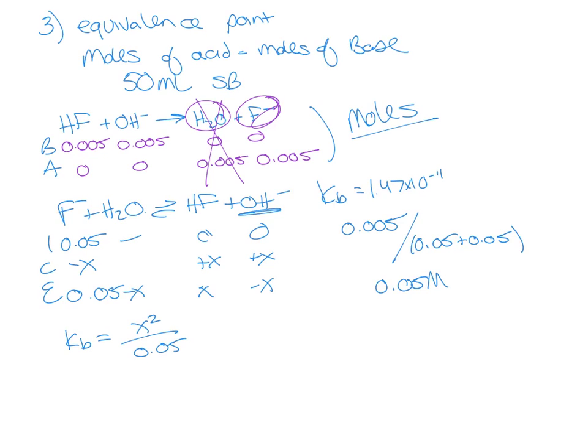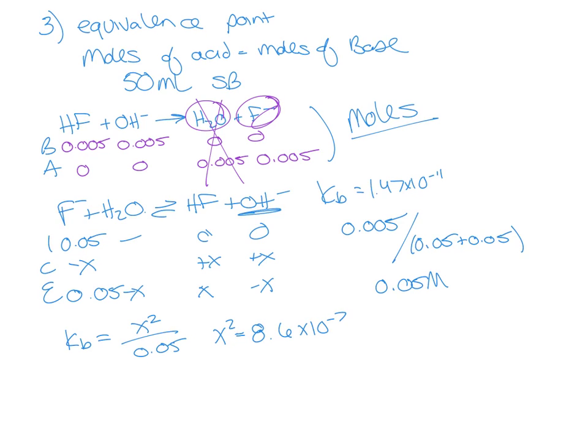So when I solve for that, I have 1.47 e to the negative 11th, that's my Kb, times 0.05. And then I'm going to take the square root, and I get an x value of 8.6 or so times 10 to the negative 7th.